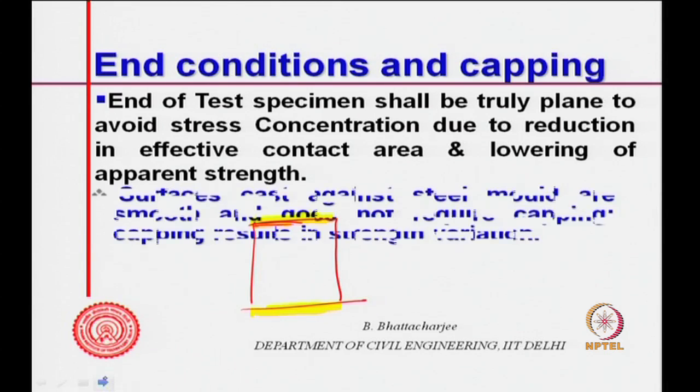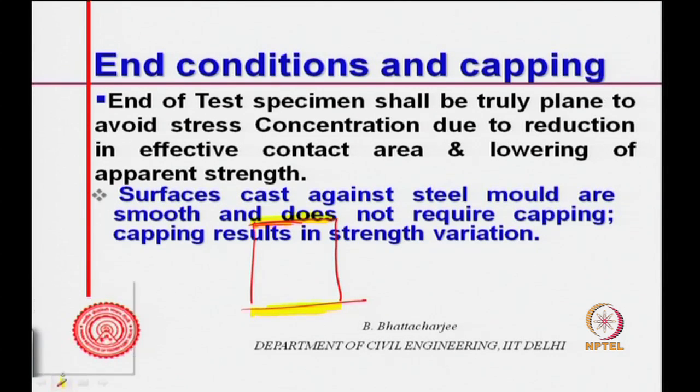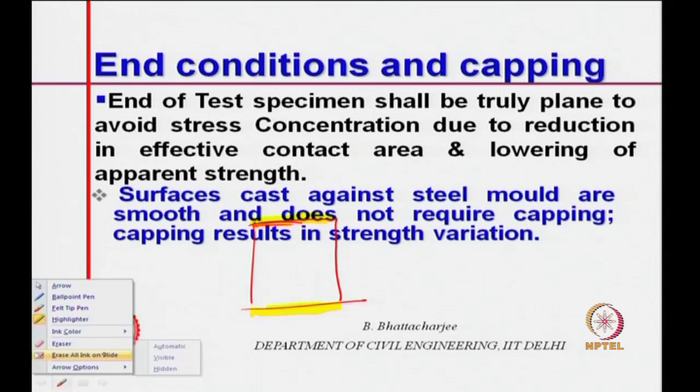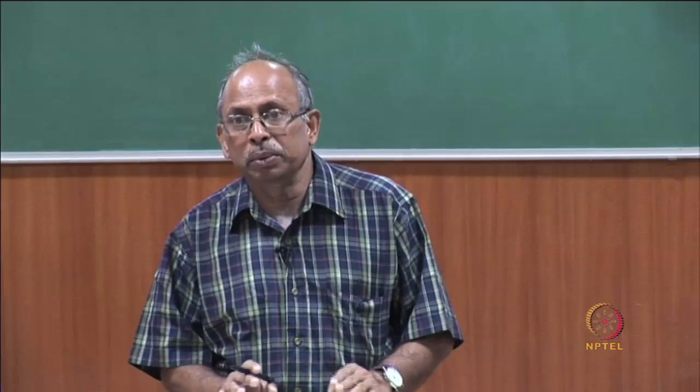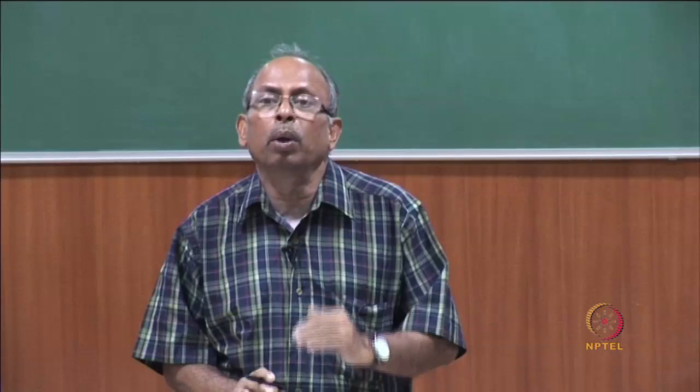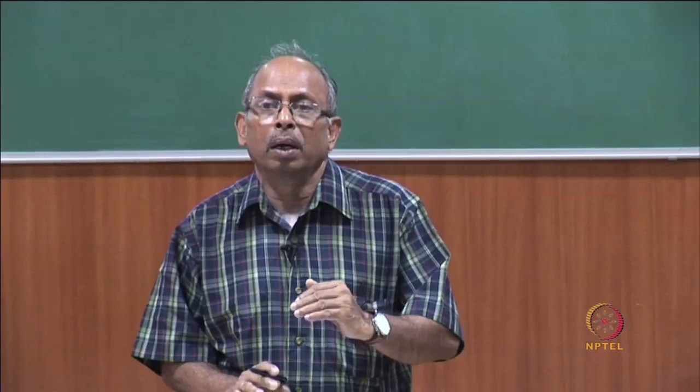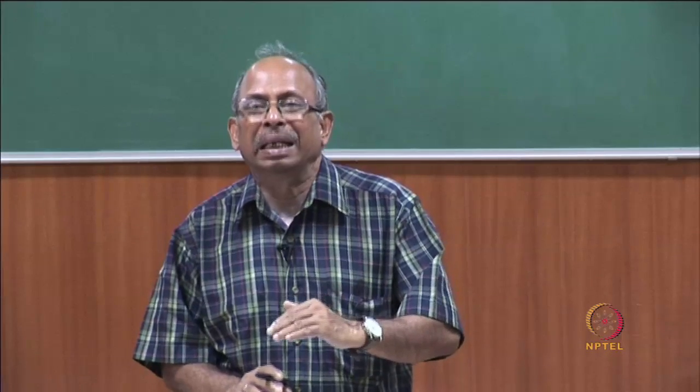And to do that, what we do is we cast the surface against a steel mold, which is smooth, and therefore it does not require any treatment. I will talk about capping a little bit later on, but it does not require any treatment. It is very smooth, and I put that below the loading plates, what we call loading platens.